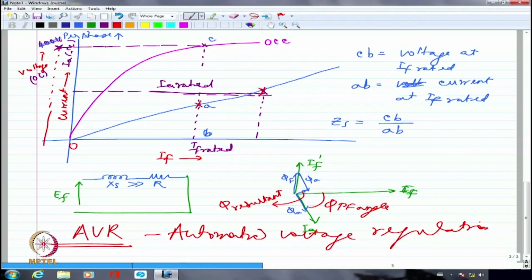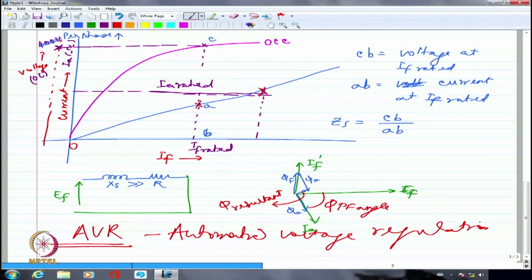So, that is the reason it's a very, very beautiful method, whoever has devised it, to get what is the voltage that would have been generated in the armature under open circuit condition, vis-a-vis what is the current that is being drawn by the armature had it been short circuited with that kind of generated voltage.